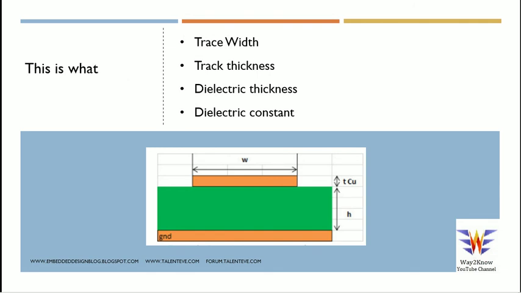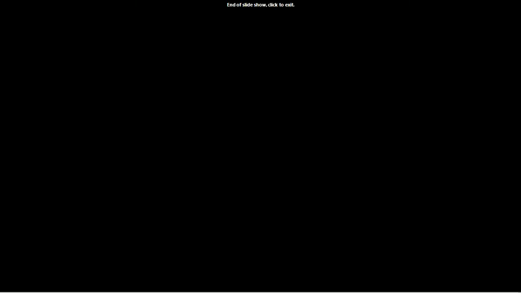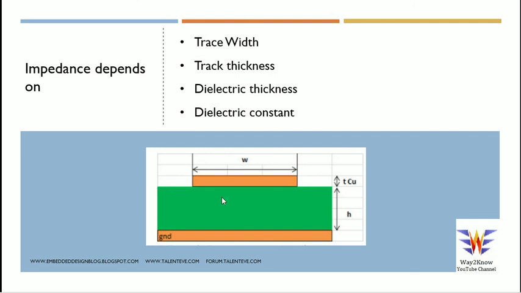And then, what does this impedance depend on? The impedance basically depends on the trace width. This is the trace here, and this is the dielectric, and here you have a ground. So the impedance depends on the width of the trace that is being routed on the PCB, and then the track thickness, that means the copper track that is laid out on the PCB, whether you are using 1 oz, 0.5 oz, or 2 oz copper.